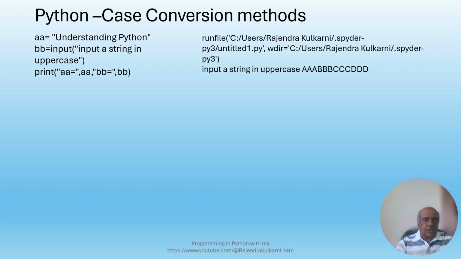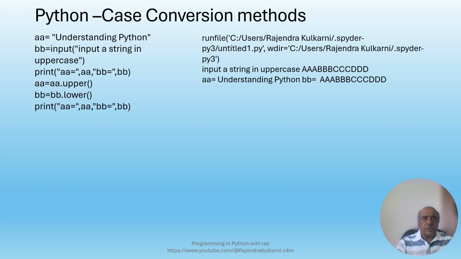On execution of this input statement, I gave some random string as my input, which is assigned to BB. And print AA and print BB give us the values of the variables AA and BB.